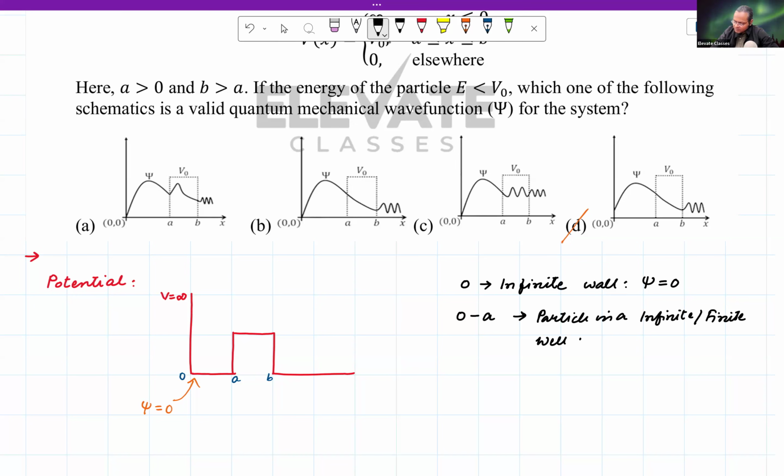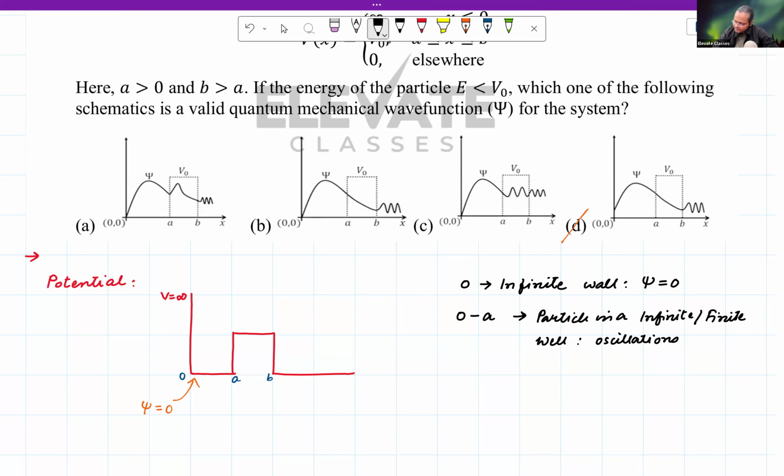So in such situations, you end up getting oscillations, which is what you are getting. Perfectly fine, no issues. The oscillation doesn't go to zero because the right hand side wall is finite. No problem.